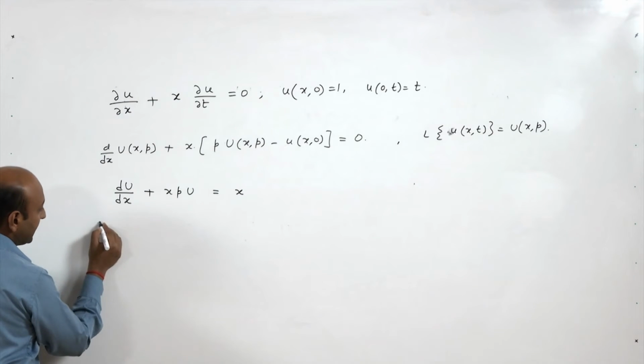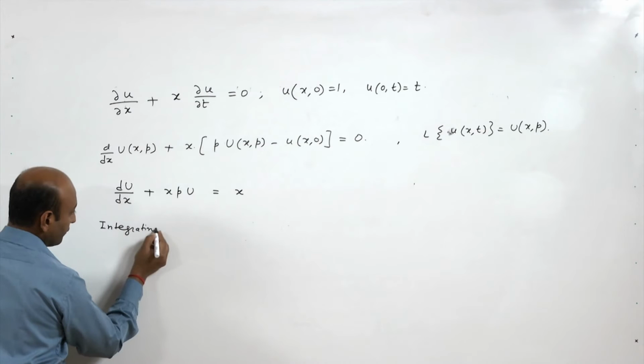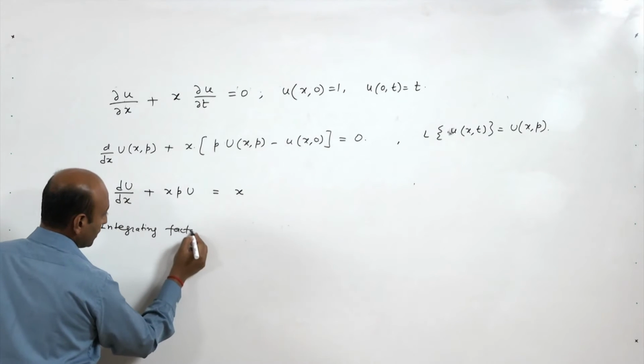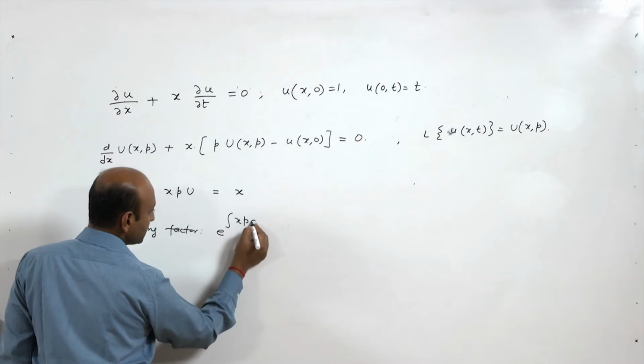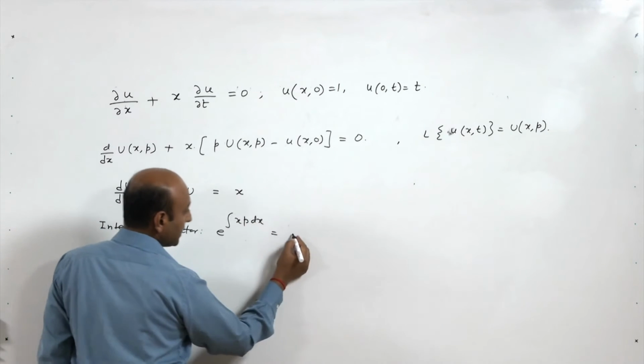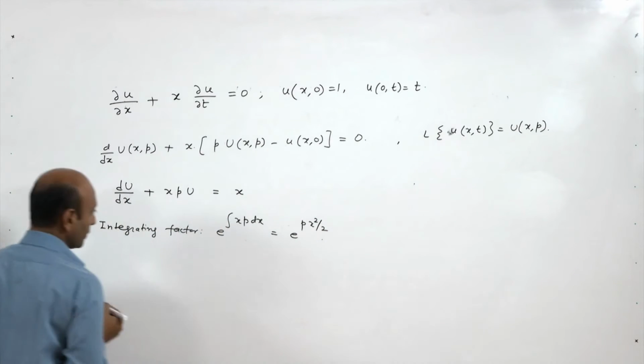Now, how to find the solution of this? First you find the integrating factor. So, what is the integrating factor? e to the power integral x p dx. So, this is nothing but e to the power p x squared by 2. Okay.